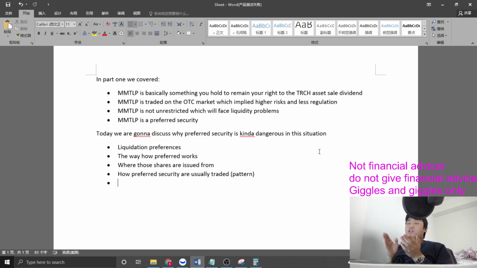For those of you trading on the OTC, you know it's a derivative-like product, which I will explain later. It's not really a true derivative, even though it's a preferred share sort of security. Being restricted just means some can trade, some cannot, some can sell, some can buy. Not everybody can buy and sell at the same time.